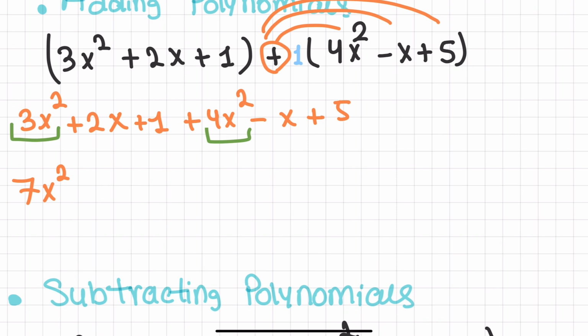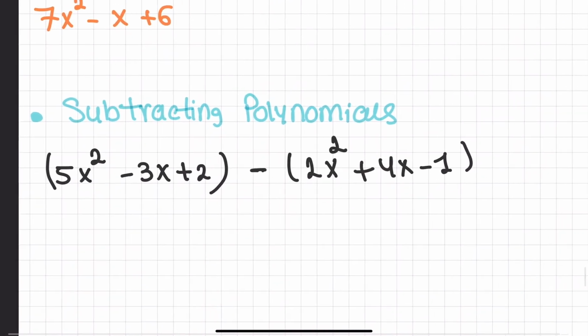Then I have x here, so I have to find something with the x. I have 2x here, minus x here, so I have minus x. Then I do have 5 here, plus 1 is 6. And this is the answer.